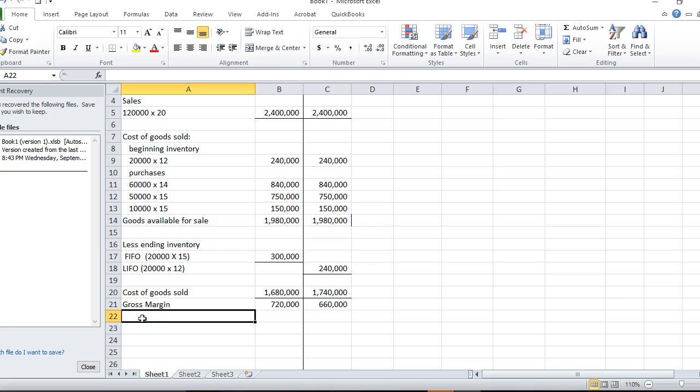Now our operating expenses are going to be the same no matter which method we use. Income before income taxes.